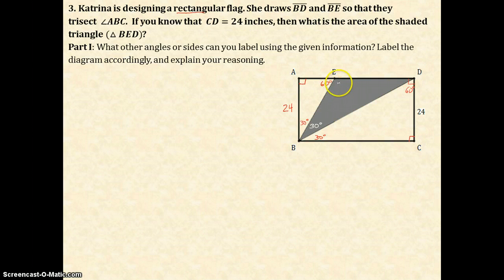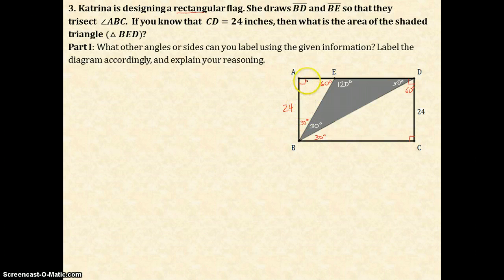So that means that angle BED is 120 degrees. And then we know that angle EDB has to be 30 degrees for a couple of reasons, so that these three add up to 180, and so that these two add up to 90. So we've got a bunch of angles labeled now, and a couple of sides.